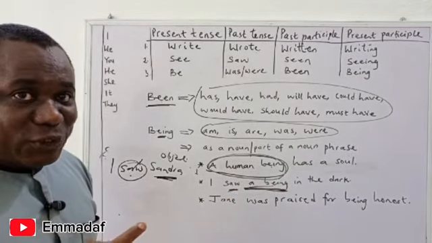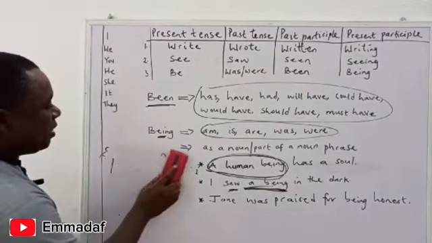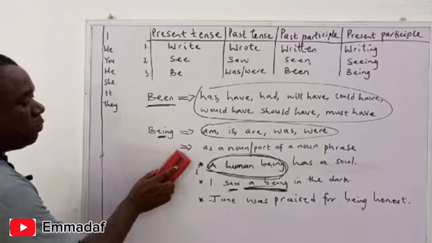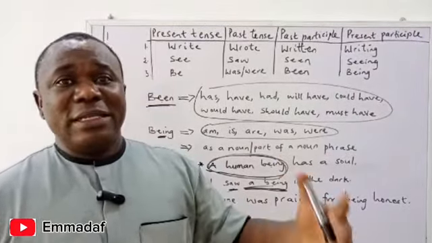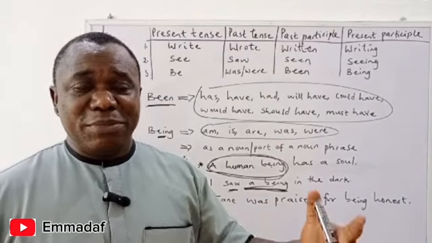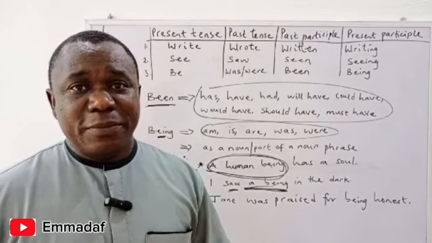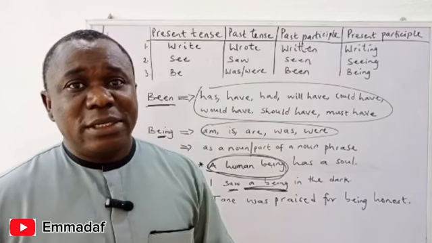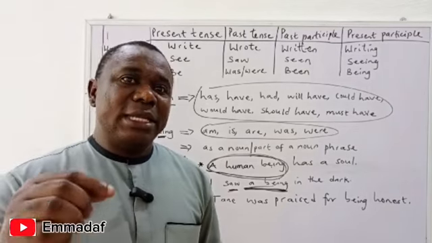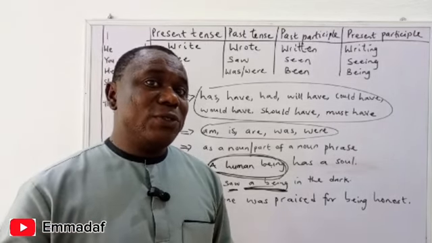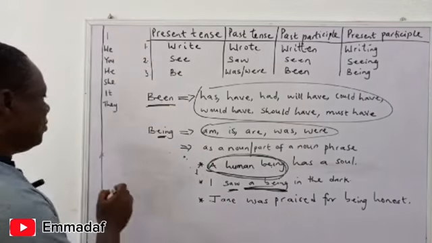Nouns also function as objects of prepositions. Words like in, to, under, below, beneath, of, between, behind. All of these words are prepositions. The noun or the pronoun that follows the preposition is the object of the preposition.